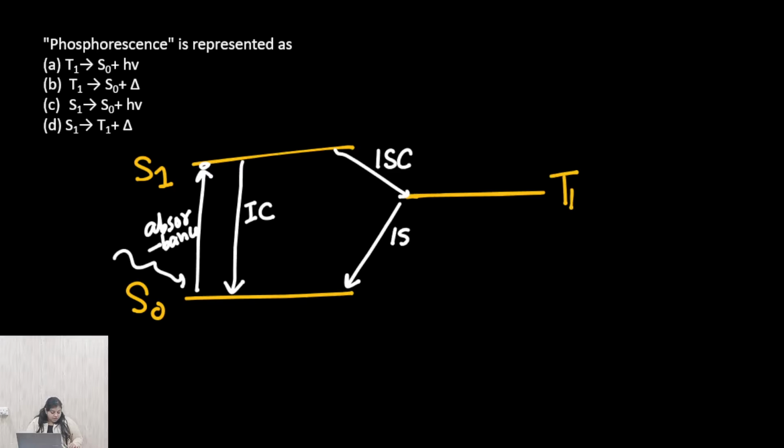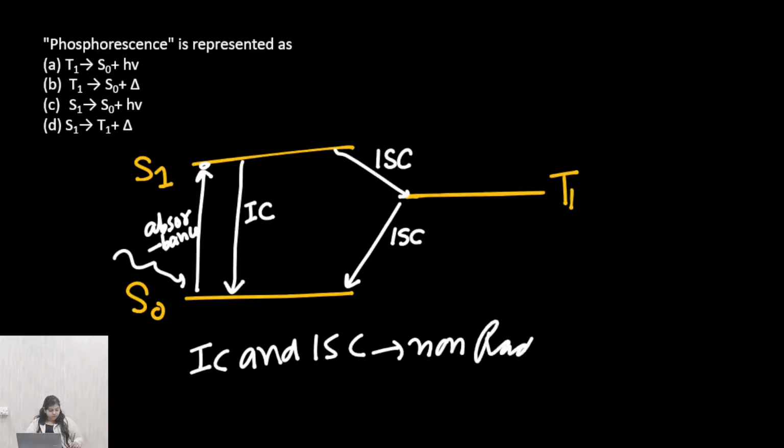This is again ISC, inter-system crossing. So here IC and ISC are both non-radiative processes.